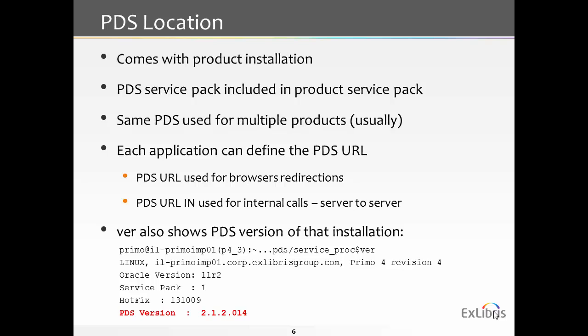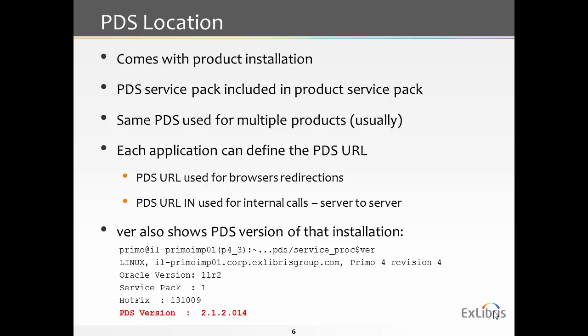And also, we can define in each application the PDS internal URL, or maybe PDS URL in, which is used for server-to-server calls. This URL will not be displayed in the browser, but it will be called from server-to-server calls.